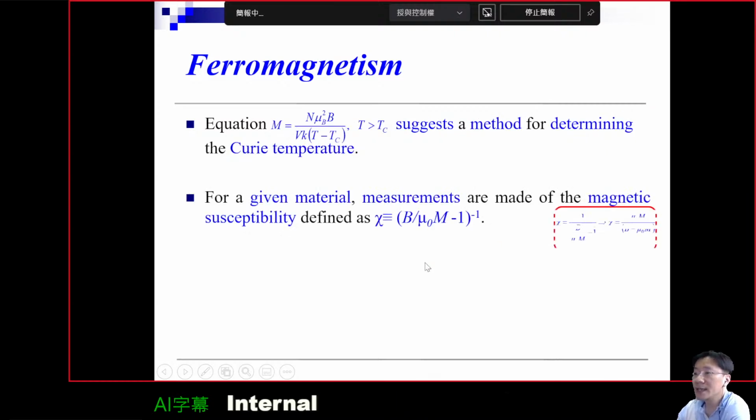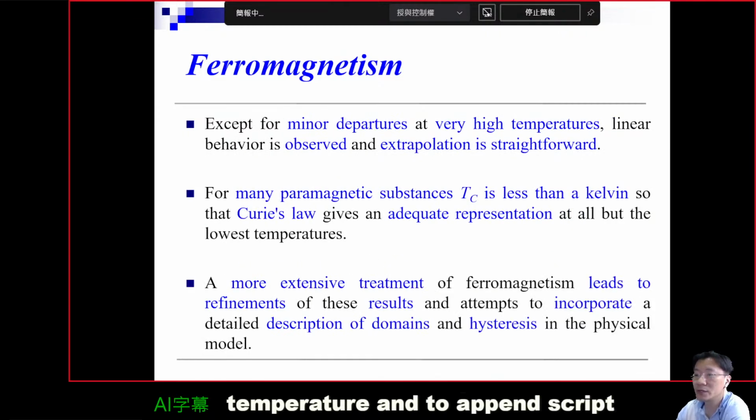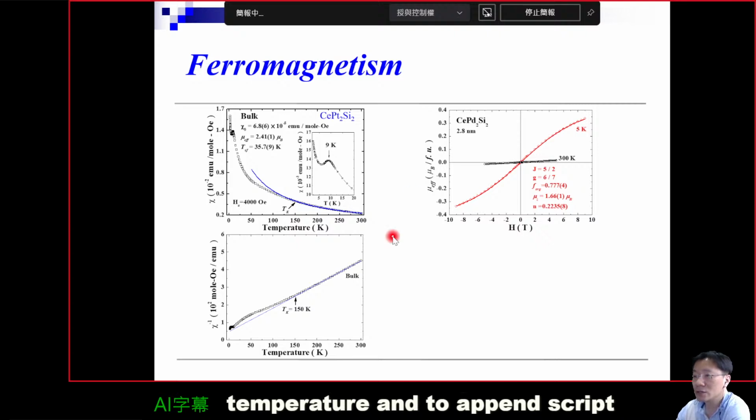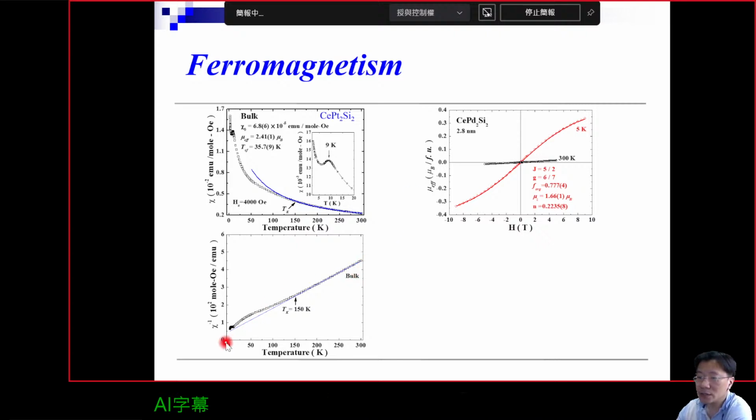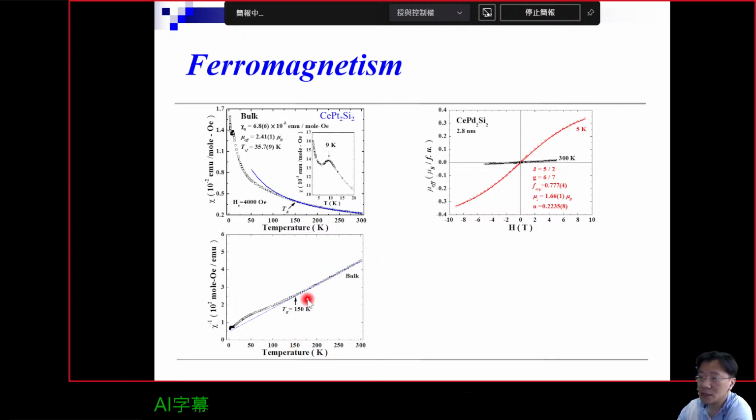Okay, in that case, we will also plot the inverse chi against the temperature to obtain the Curie point. So in this case, this is the inverse chi against the temperature. We can fit linearly to this equation above a certain point.